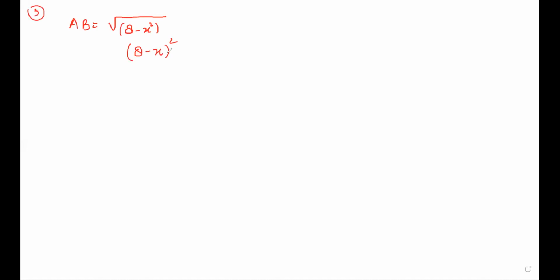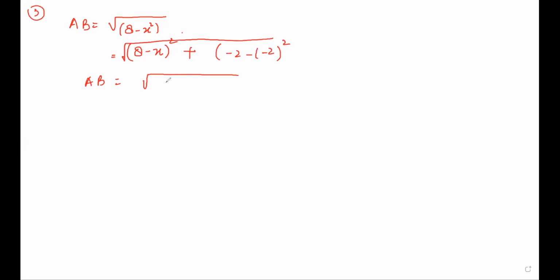After this step, Rida, you are getting, let's say, AB is equal to under root, let me write it completely.